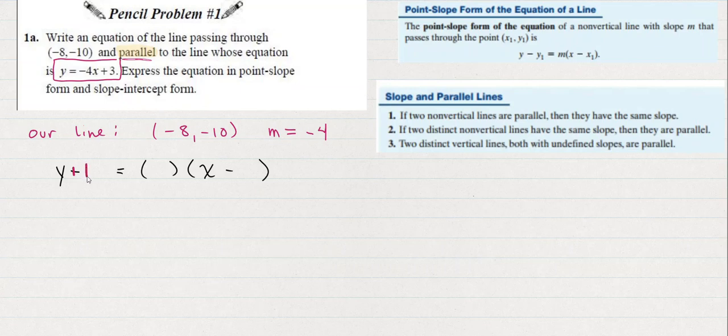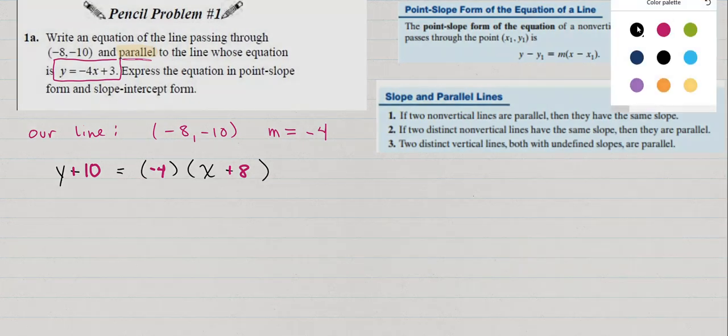So y minus negative 10 is the same as y plus 10. The slope is negative 4 times the quantity x minus negative 8. Once again, we could change that to adding an 8, so minus negative 8 is the same as plus 8.